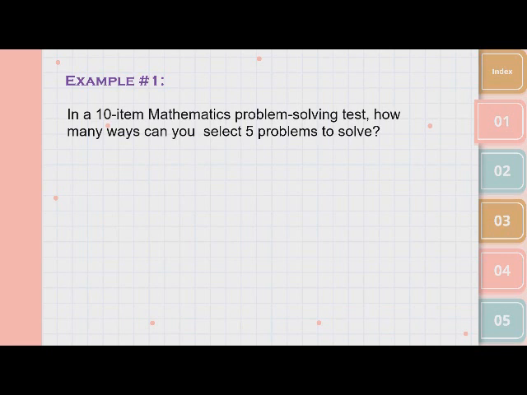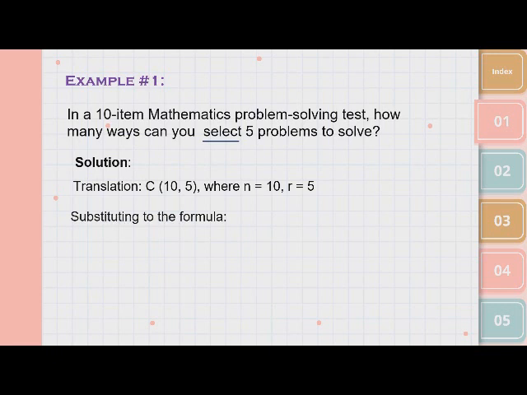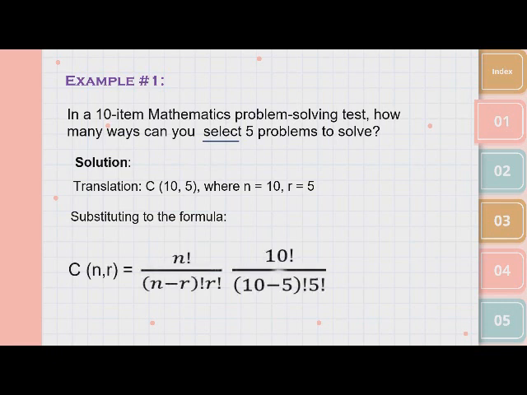And because of the word select, we are going to use combination. So we can have the combination of 10 taken 5, and by substituting into the formula and simplifying further, you have an answer.